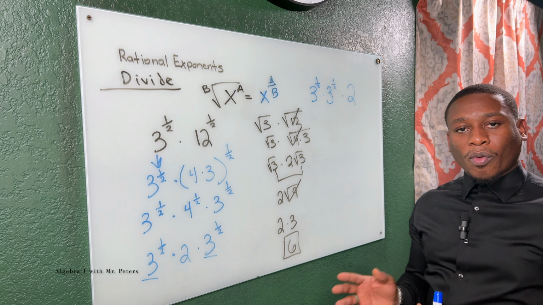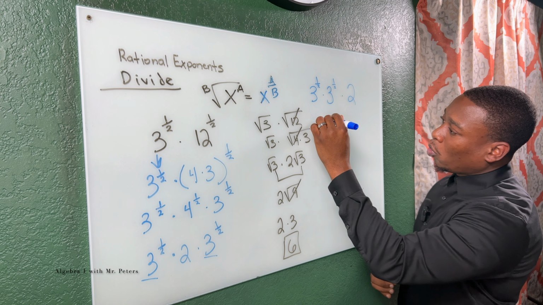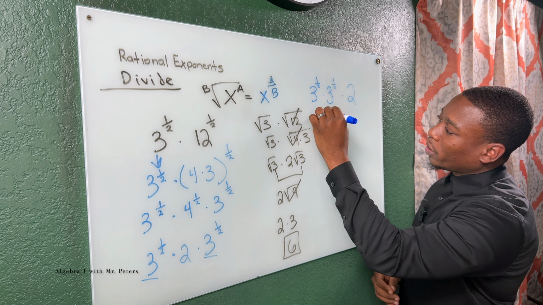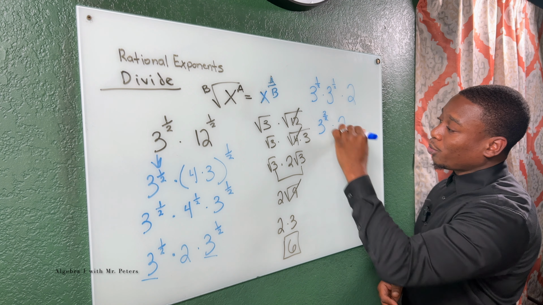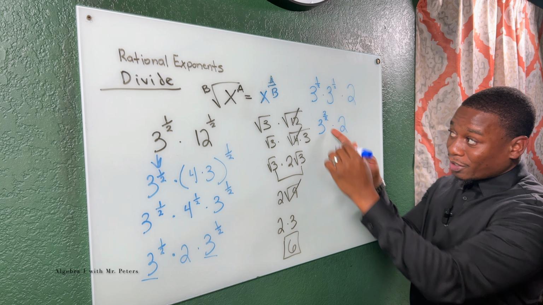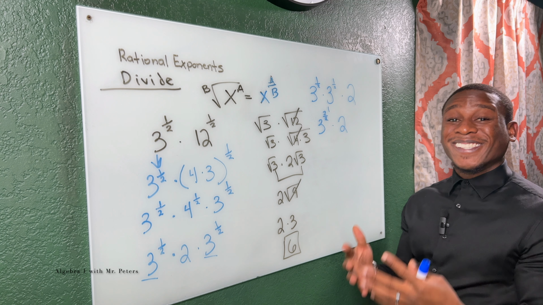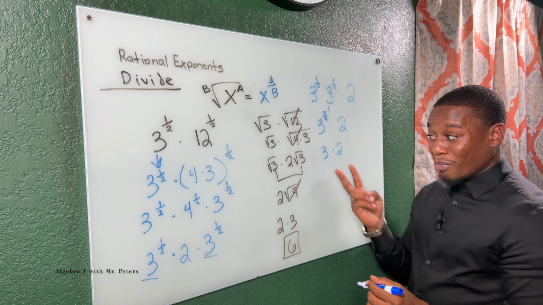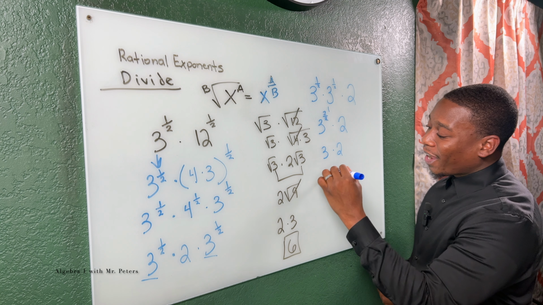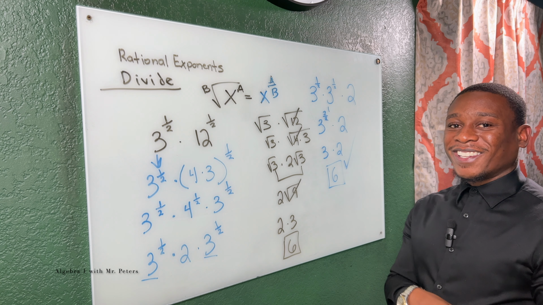I just moved it around so that we could see when we add, this is what happens. We add the exponents, so 1/2 plus 1/2 gives us 3 to the 2/2 power times 2. So now I simplify this. This is just 1, and we know anything to the first power is just itself. So it stays 3, bring down the 2 and multiply, and now we get 6 as the final answer.